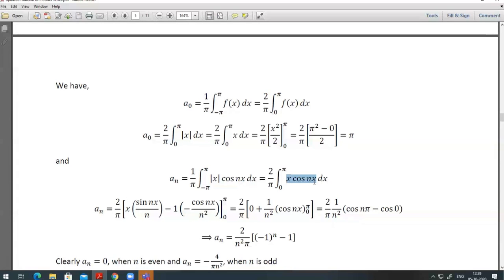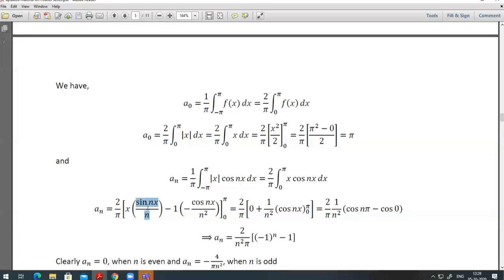Again, it is a product of two functions, so I can use the Bernoulli rule. So it is 2 by pi into first function times integration of cos nx, which is sin nx by n, minus derivative of x, which is 1, and integration of sin nx by n. So this entire term we have to integrate.